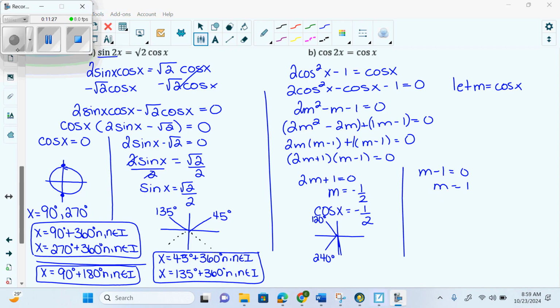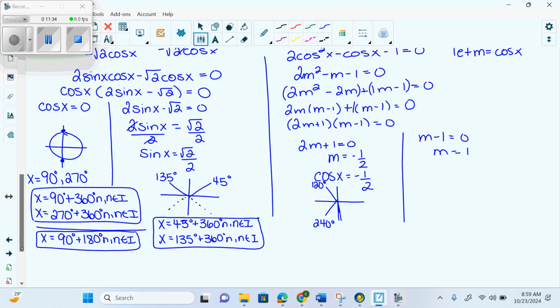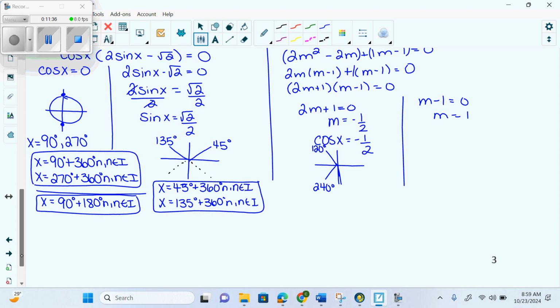All right. Can I put 120 and 240 together as one solution? I don't think so, because you can't.